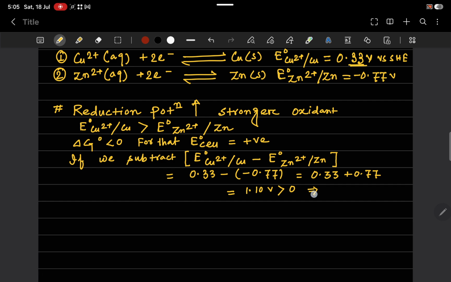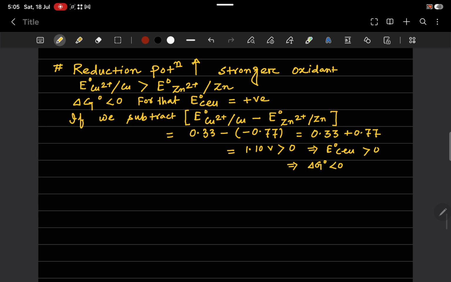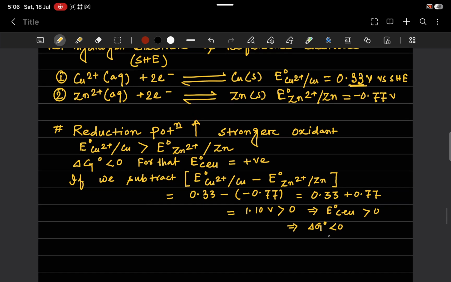That means E0 cell is greater than 0. That means delta G0 is less than 0. Am I clear? As delta G0 is less than 0, that means the reaction is thermodynamically feasible.